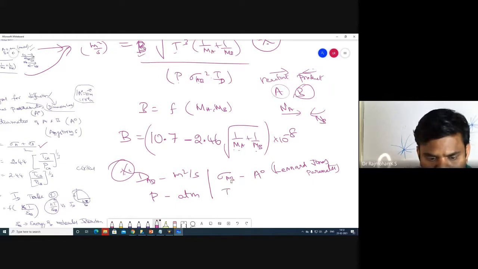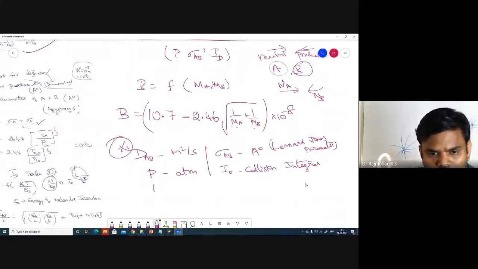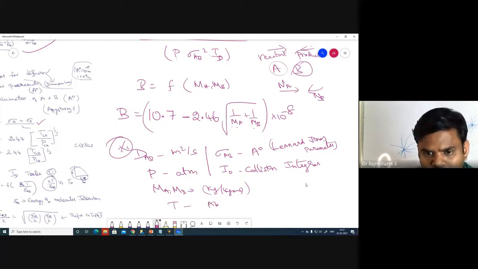ID is collision integral. MA, MB are molecular weights in kg per kg mole, that is molecular mass. And temperature is absolute temperature, that means it is in Kelvin.